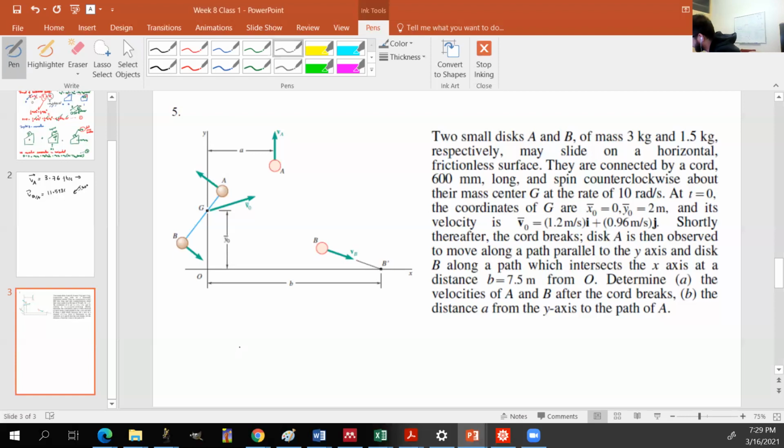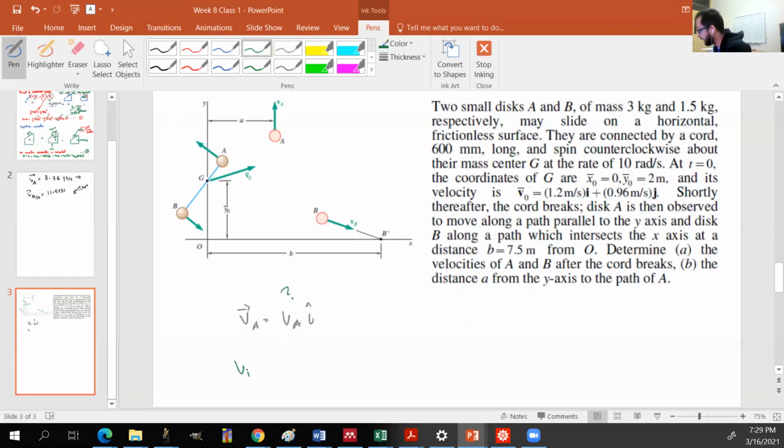So what we are asked to find is the unknown velocities after the break up. We want to know VA, and we can write it in vector form, so that's just equal to VA i hat. So there's this one unknown. And for VB, what we can say is that VB has two unknowns because it'll have two components: VBx i hat plus VBy j hat.